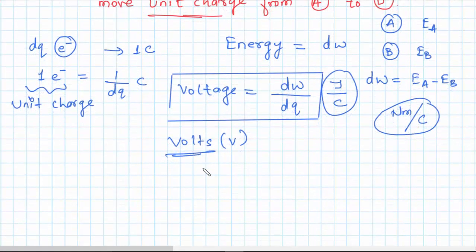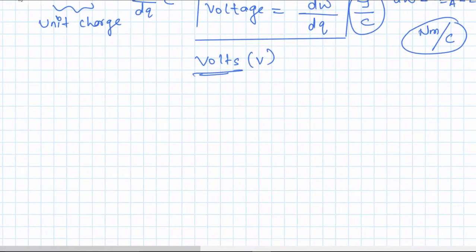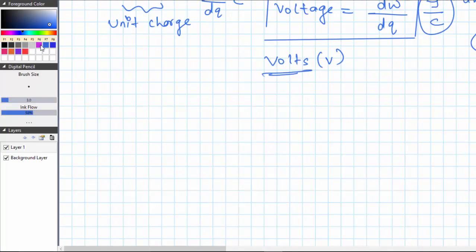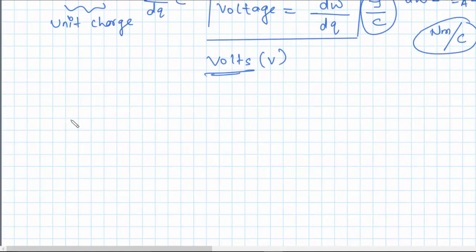Let's talk about some interesting results. Let's say we have a point A over here and we have point B over here. In between there is some small circuit element. It can be any element, your resistor, capacitor, or any other thing. So we have A and B, and in between we have some circuit element.